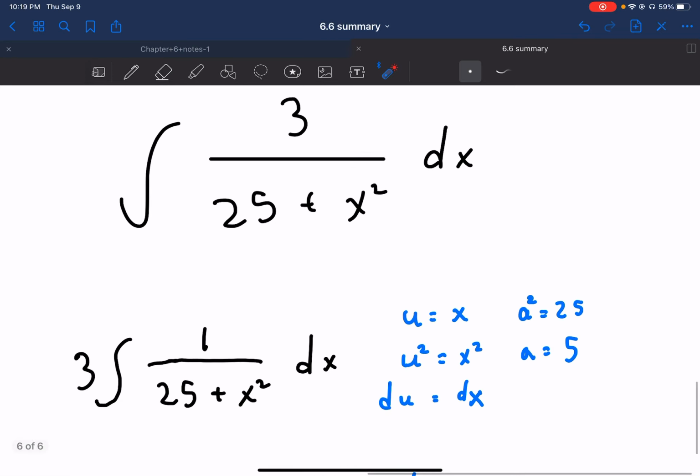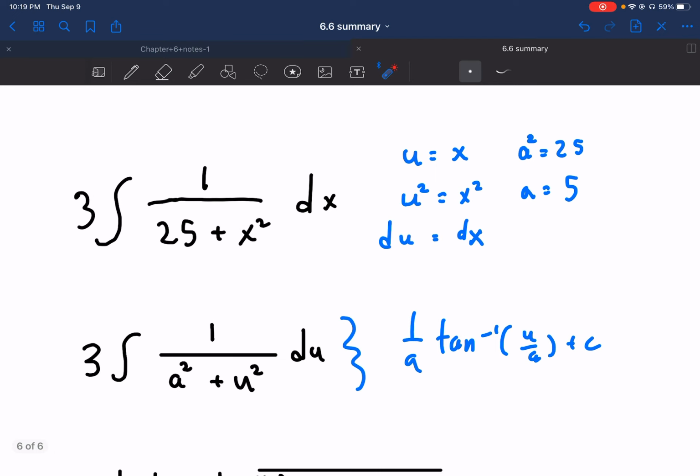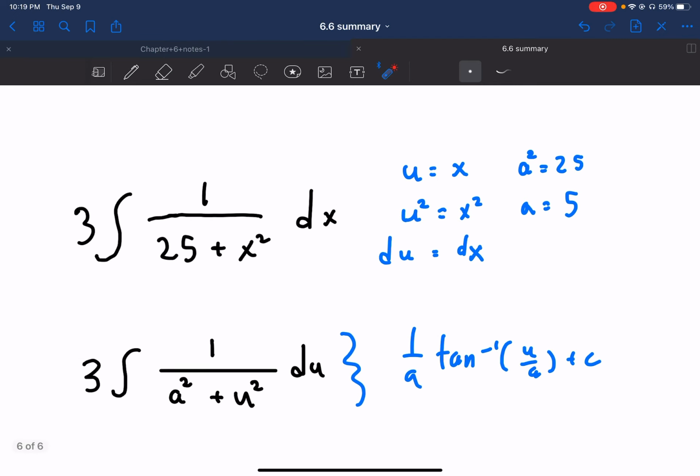So finding all of these values right here and substituting them in, you get 3 times the integral of 1 over a squared, making our 25 equal a squared, plus u squared, making the x squared equal u squared, du.